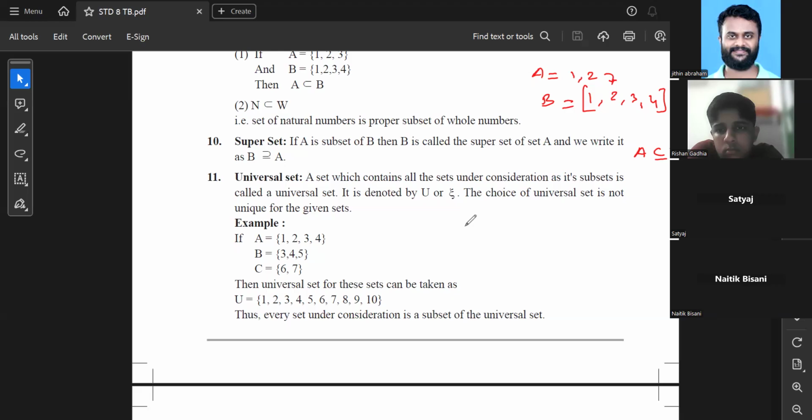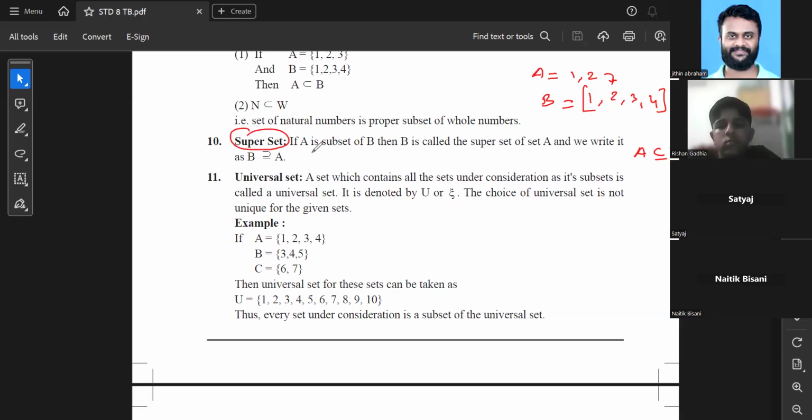Maybe you have a pet, they are also accommodated. So you are a proper subset of your father's house. At the same time, your father's house becomes your superset, because you are sitting inside it. The bigger entity will be called a superset.